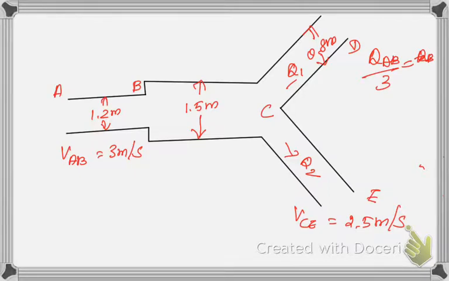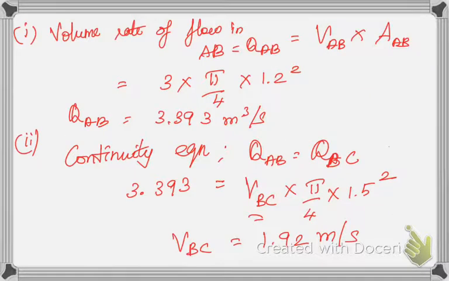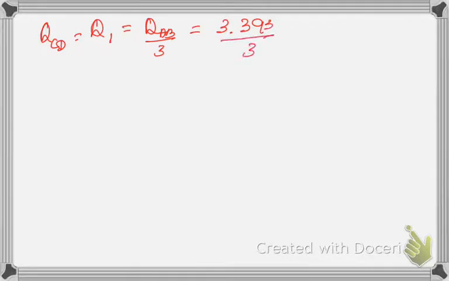So we can take QCD to be Q1, which is nothing but QAB by 3 or QBC by 3. That is 3.393 by 3, which is 1.131 meter cube per second.